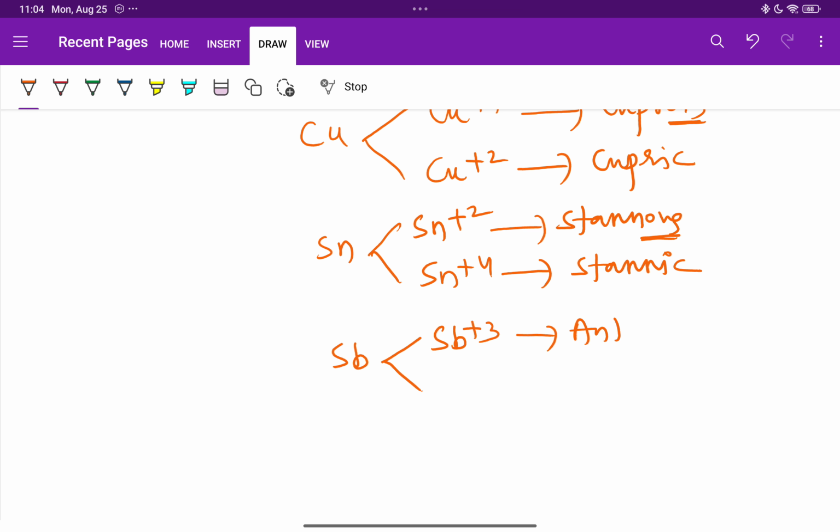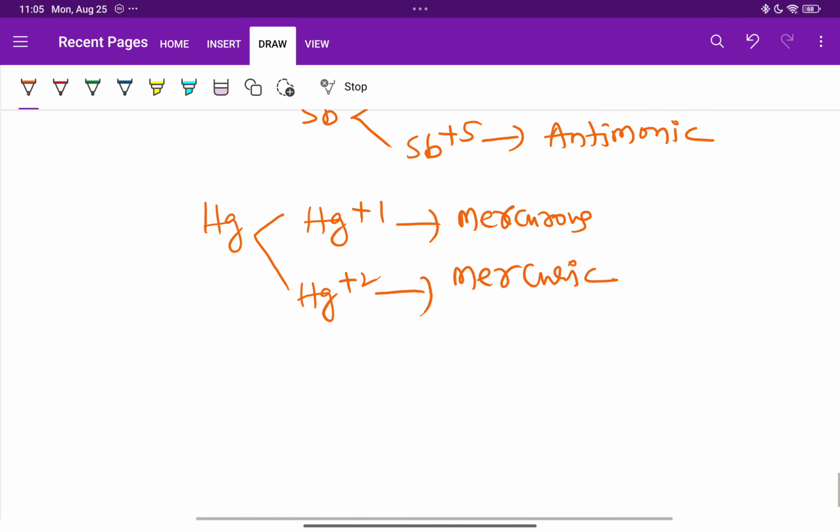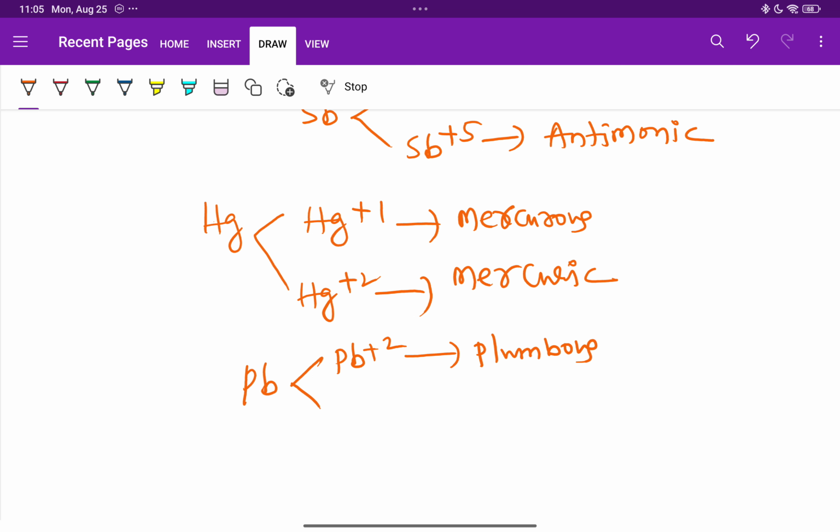Next, Hg +1 is called mercurous, Hg +2 is called mercuric. And next, Pb: Pb +2 is called plumbous, Pb +4 is called plumbic.